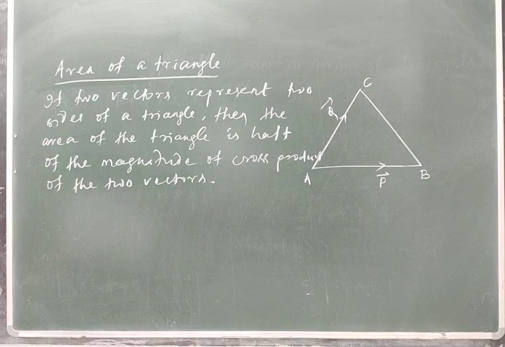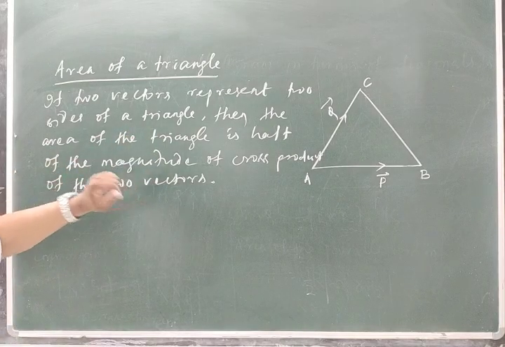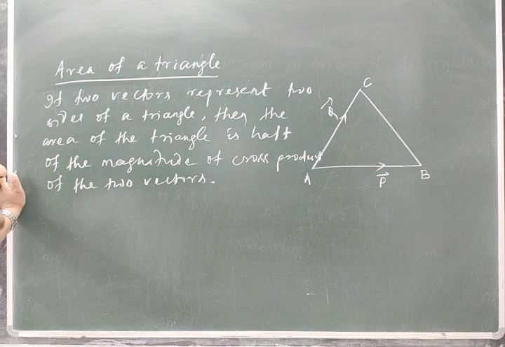If two vectors represent two sides of a triangle, then the area of the triangle is half of the magnitude of the cross product of the two given vectors.